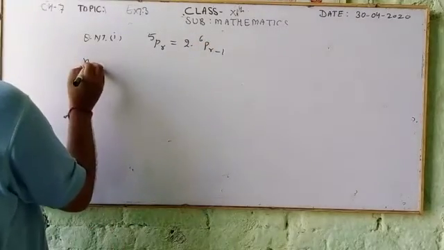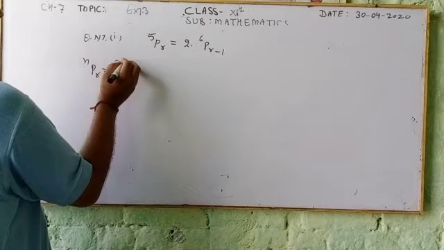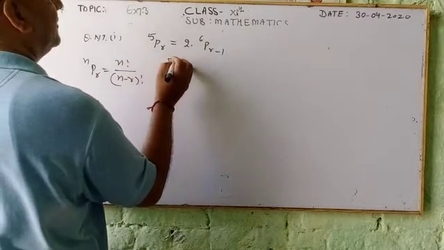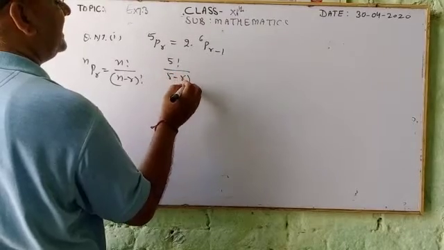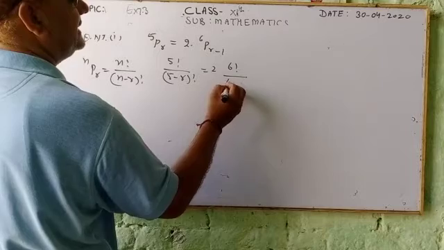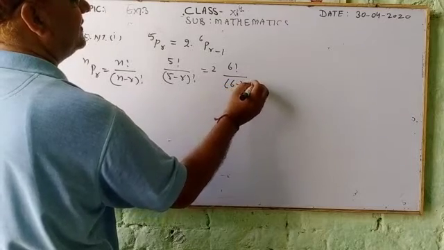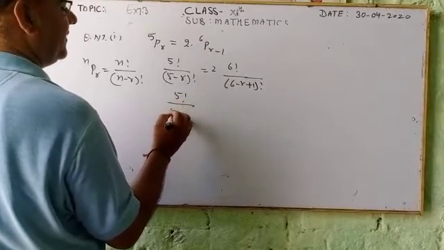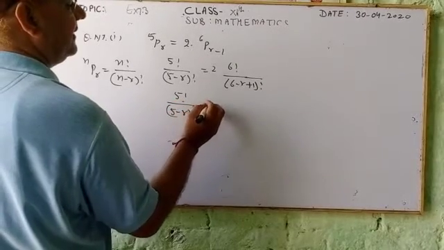Using the formula nPr equals n factorial upon (n minus r) factorial, we get 5 factorial upon (5 minus r) factorial, and 2 into 6 factorial upon (6 minus r plus 1) factorial. So 5 factorial upon (5 minus r) factorial equal to 2.